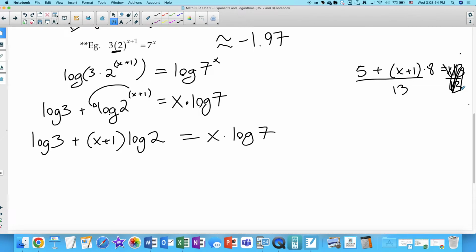So we take logs to have the ability of using the power rule to bring the exponent out in front. Once we bring that exponent out in front, if anything's in brackets, expand it all out. So we're going to have x log 2. So x times log 2 is x log 2. And then plus 1 log 2, or just log 2, equals x log 7.